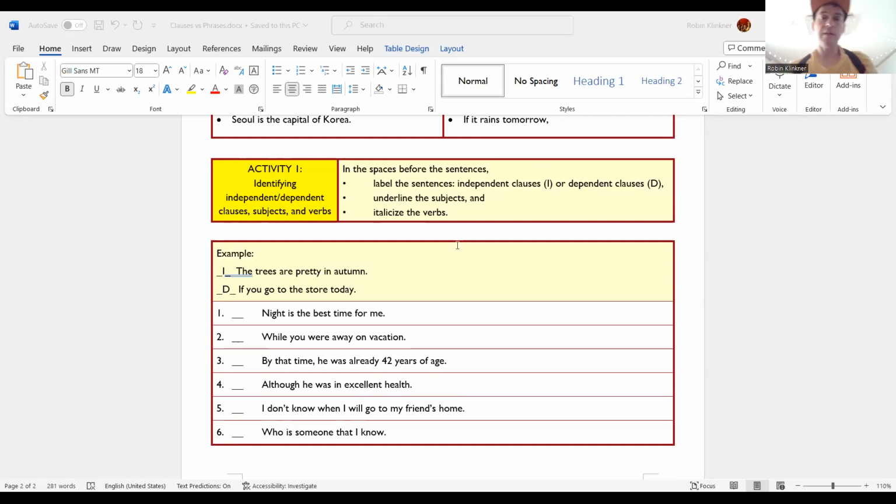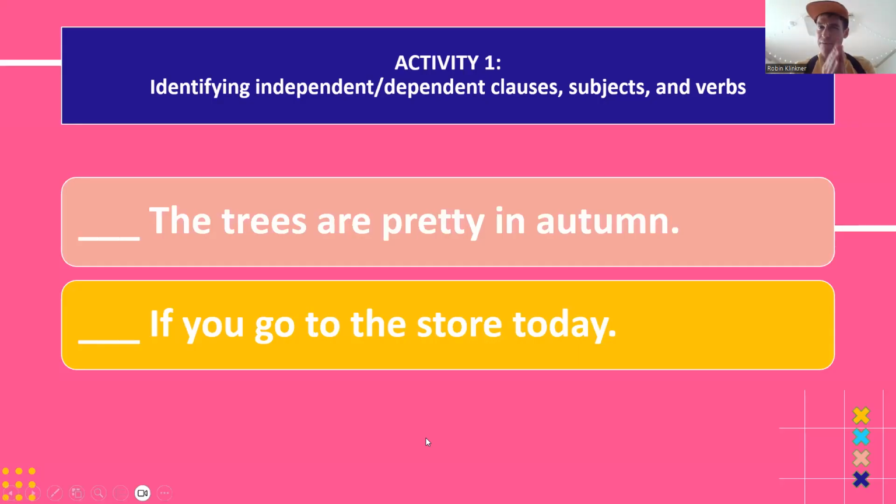So this is the activity that I'm referring to in this slide. For this activity, you're just identifying whether the clause is independent or dependent and identifying the subjects and the verbs. So in activity 1, all of the expressions are clauses. They all have subjects and verbs. Some are independent clauses, some are dependent clauses.